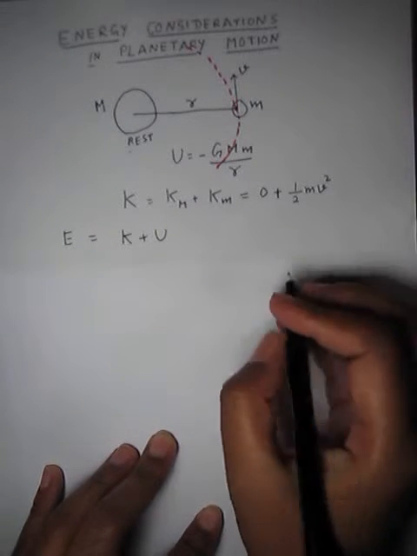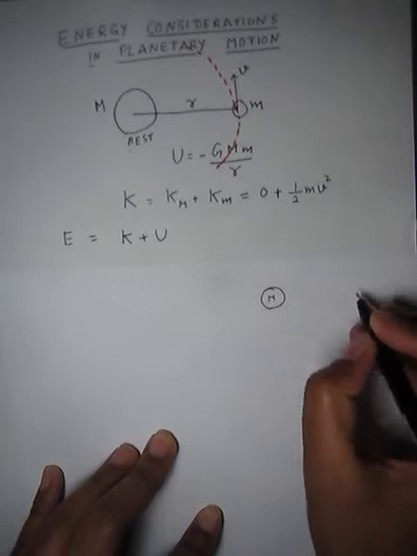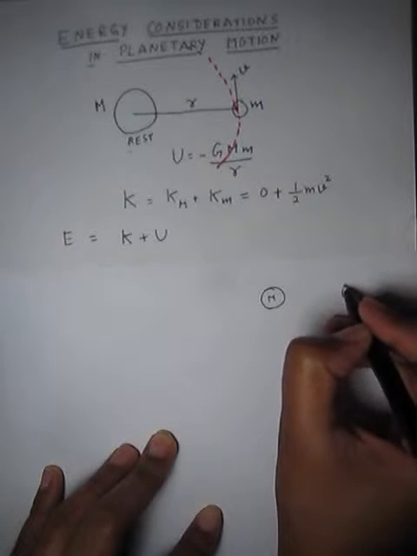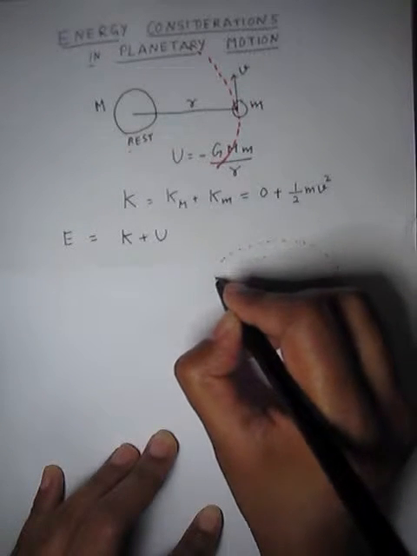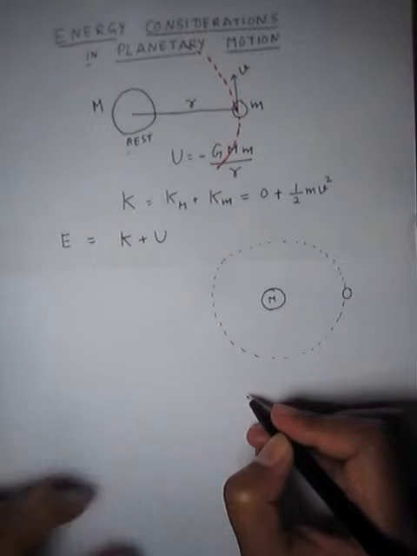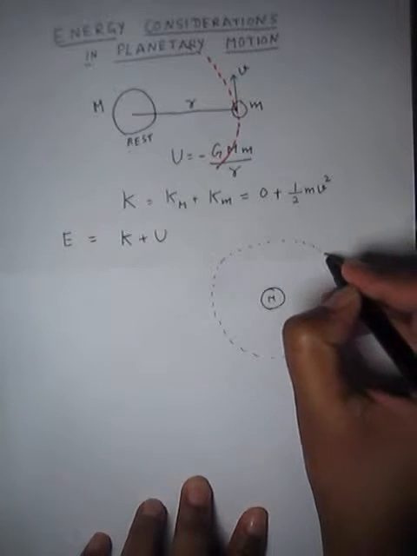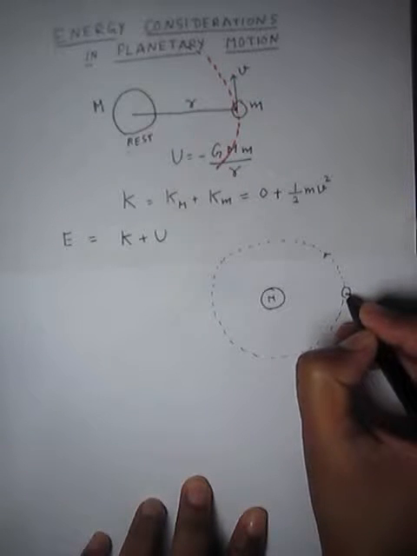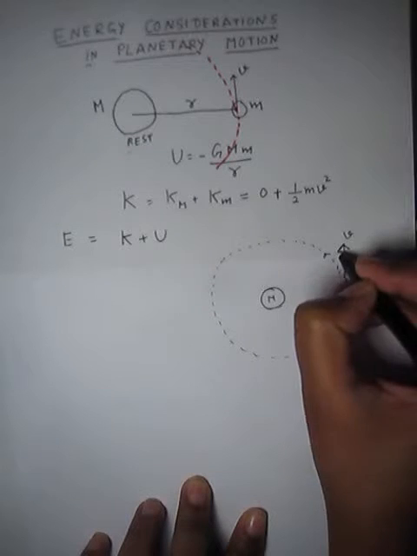So let us draw it again: there is a mass capital M and there is another mass moving in a circular path around capital M, let's say counterclockwise, and at this particular point it will have a velocity v.